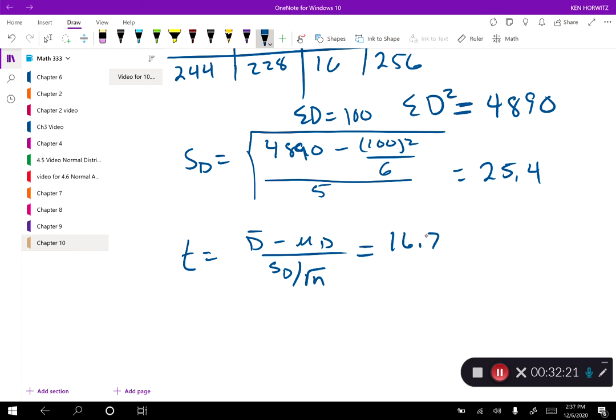You're certainly welcome to check that. All right, and again, minus 0, divided by 25.4 divided by the square root of 6. So run that through the calculator, and let's see if our numbers match.